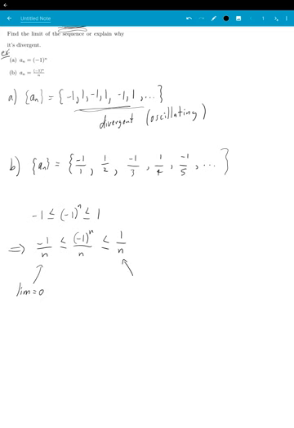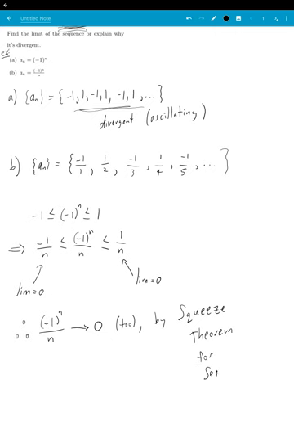And on both sides, we have limits equal to 0. So therefore, we conclude that this sequence goes to 0, too. And we are using, yeah, you guessed it, the squeeze theorem for sequences.